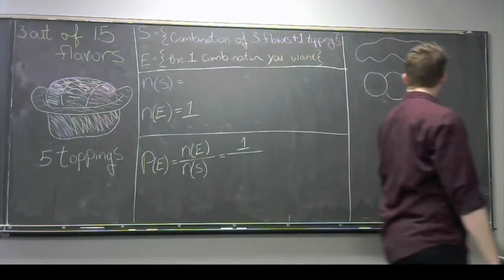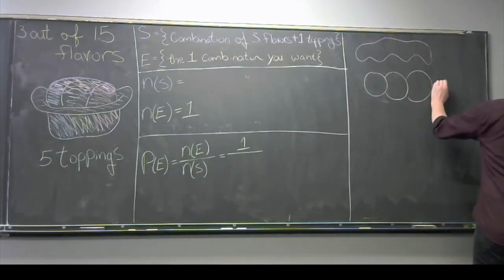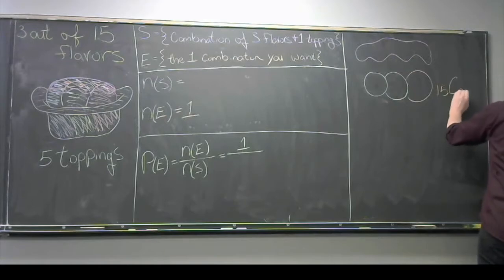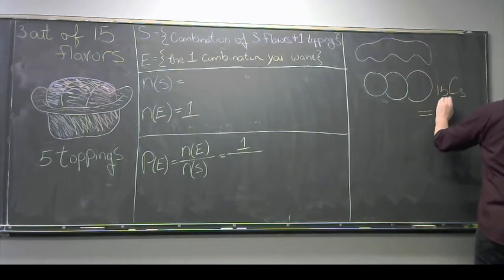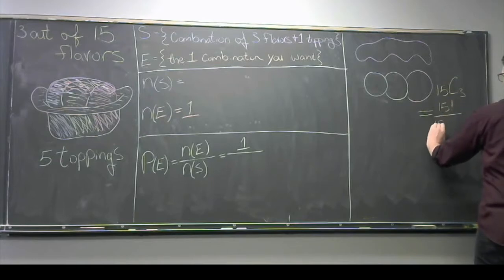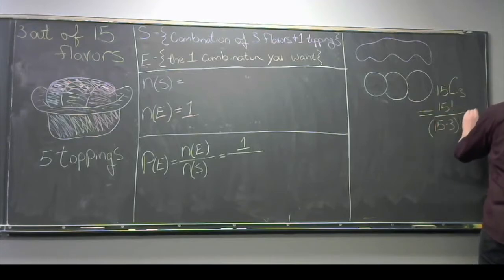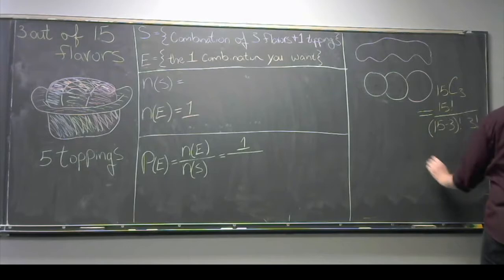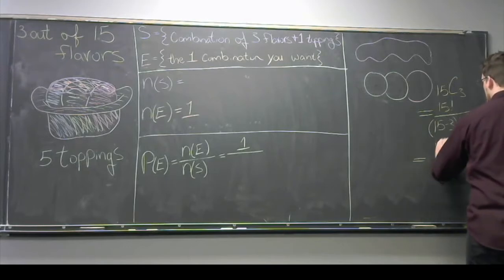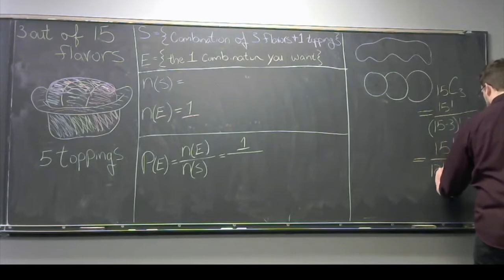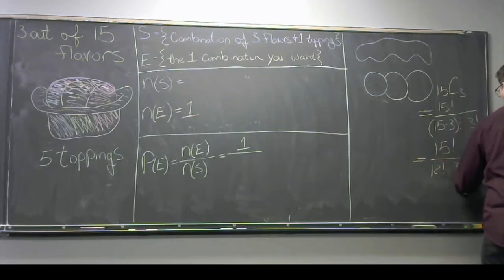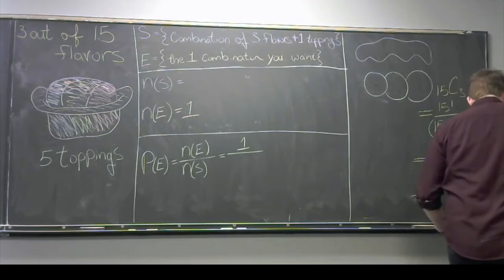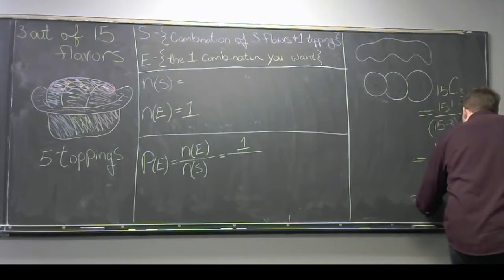Then that is 15 choose 3, which is equal to 15 factorial divided by 15 minus 3 factorial times 3 factorial, which is equal to 15 factorial over 12 factorial times 3 factorial, or 455.